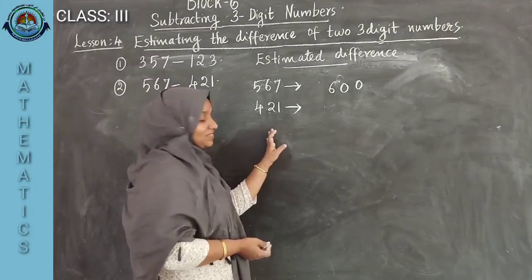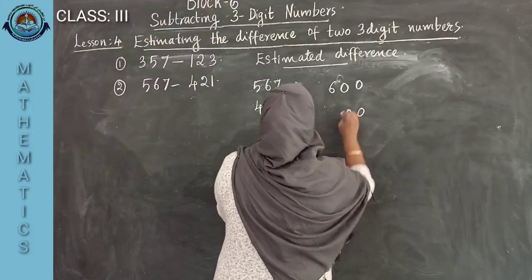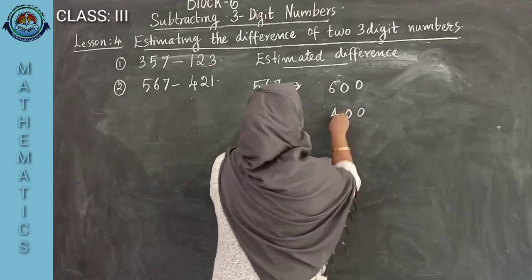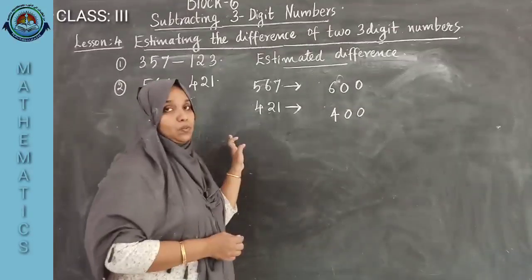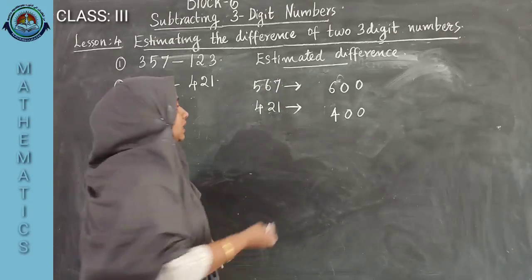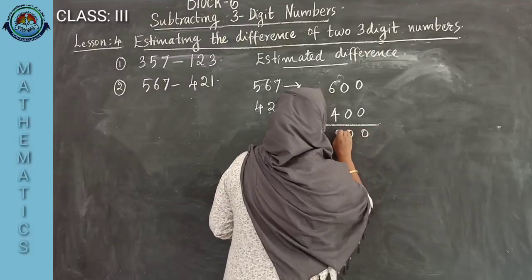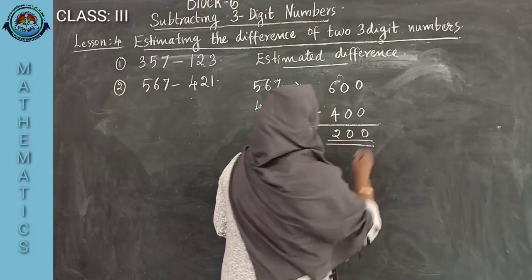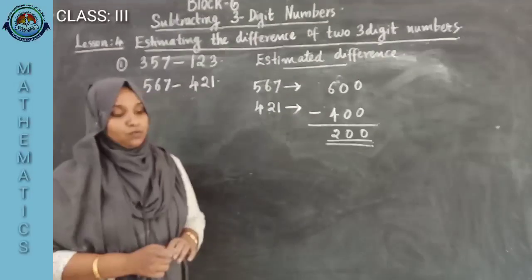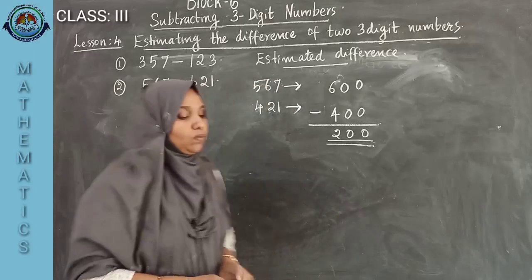No. Then 421: we have 0, 0. Here the tens digit is 2, so no need to add 1. So we get 400, and 567 on rounding off gives 600. Then on subtraction we get 0, 0, 2. The estimated difference is 200. Okay.